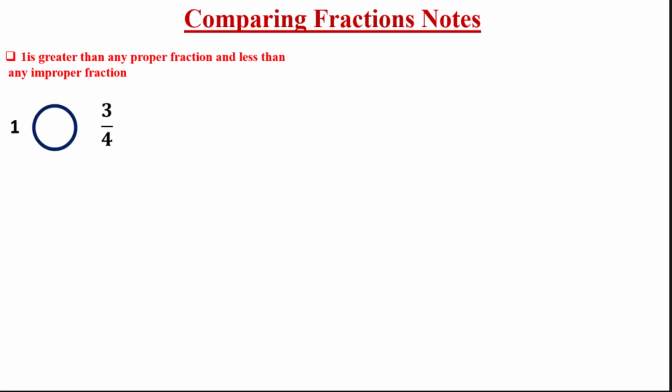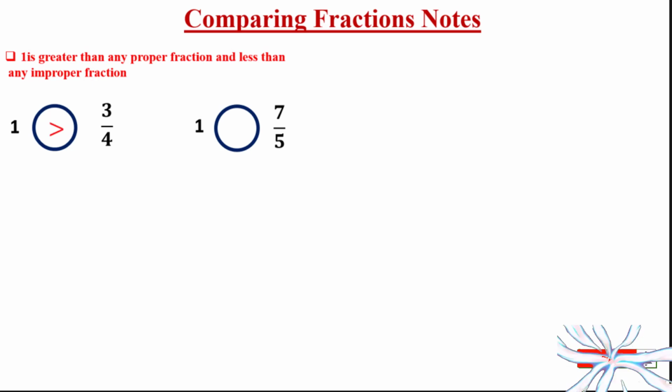Comparing fractions notes. The first one, 1 is greater than any proper fraction and less than any improper fraction. If we compare between 1 and 3 over 4, 3 over 4 is a proper fraction, so 1 is greater than 3 over 4. 7 over 5 is an improper fraction.